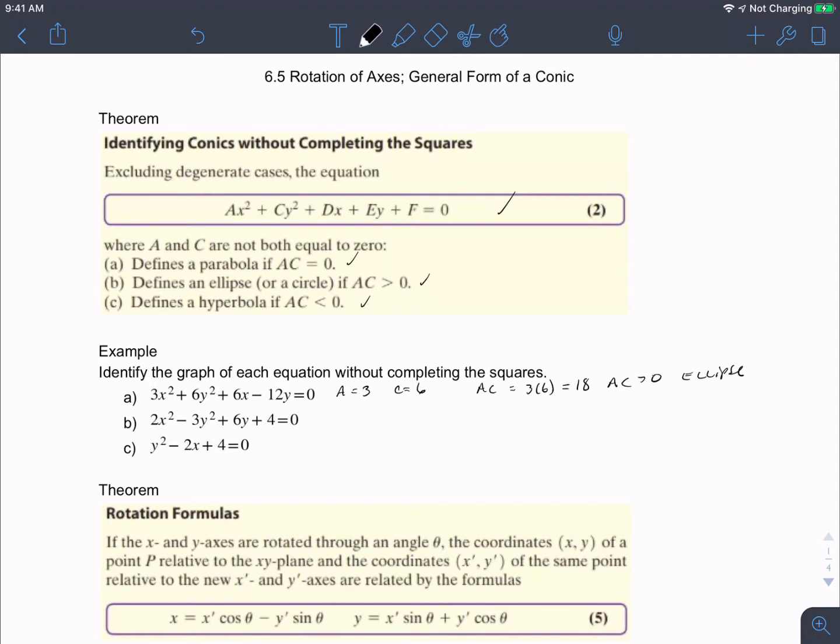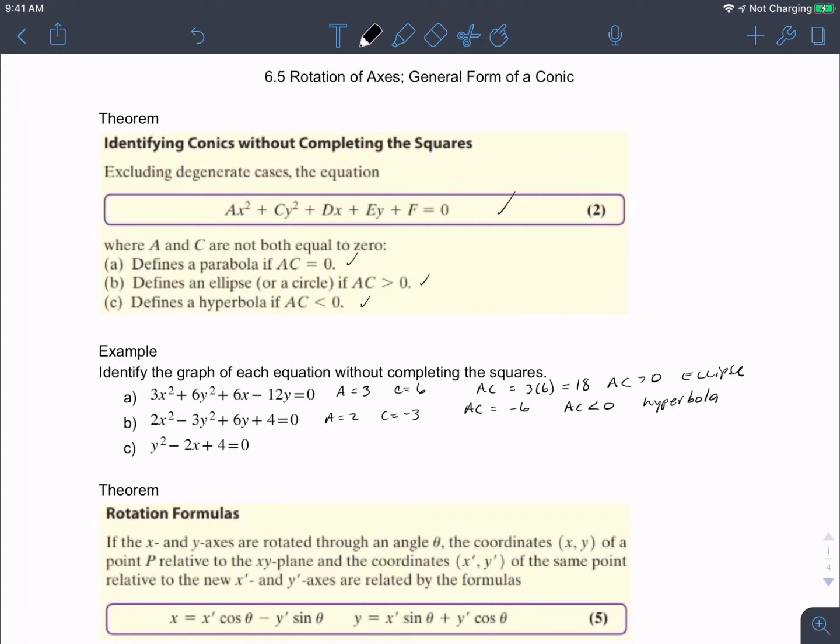For B, A is 2 and C is negative 3. So A times C is equal to negative 6. That tells me that A times C is less than 0. Since it's less than 0, this is going to be a hyperbola.